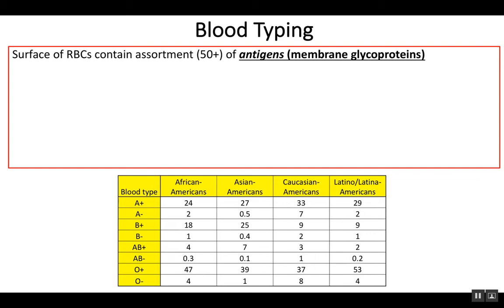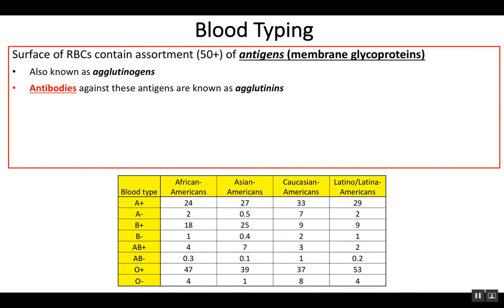So when you hear the word antigen in our discussion, these antigens are proteins found on certain individuals' red blood cells. They're often also known as agglutinogens. I'm not going to call them that, but if you see the word agglutinogen, these are the same as the antigens.